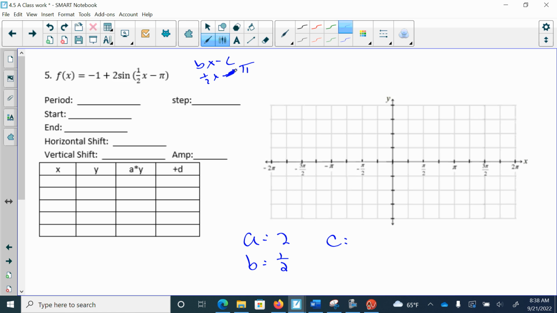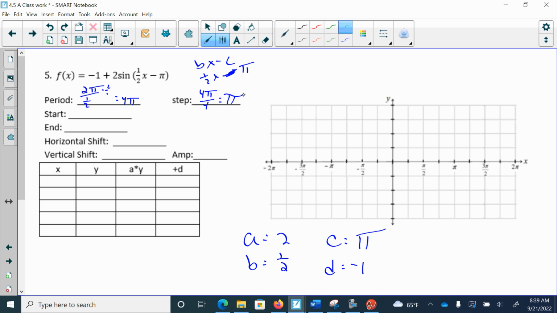So my c is pi, and then my d is whatever I'm adding or subtracting on the outside, which would be negative 1. To find my period, I'm going to take 2 pi and divide it by 1/2, which is keep flip switch, so it's going to end up being 4 pi. To find my step, I'm going to take that 4 pi and divide it by 4, so that's going to end up being 1 pi.